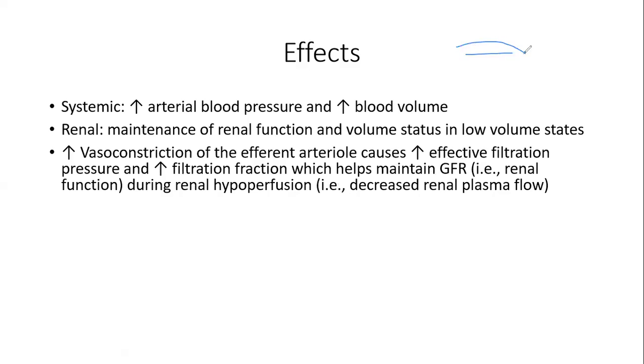If you look at it, this is the afferent arteriole and this is the efferent arteriole. Vasoconstriction over here will cause the blood to forcibly move into the glomerulus, right? So it will maintain what? GFR and increase the filtration fraction.